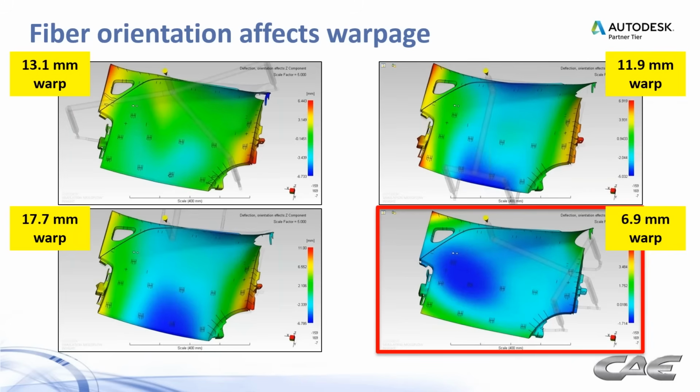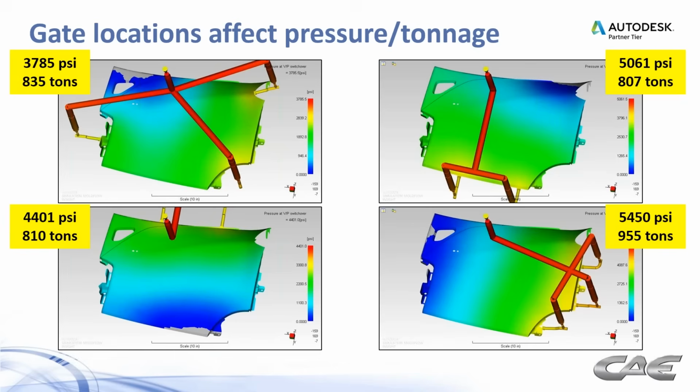But as we're doing this, you'll see in the next slide here that the gate locations affect the pressure and tonnage. So what's best for processing, as I mentioned with that knit line example earlier, isn't necessarily best for the part. In this case, this isn't the most egregious example, but it illustrates what I'm getting at here.